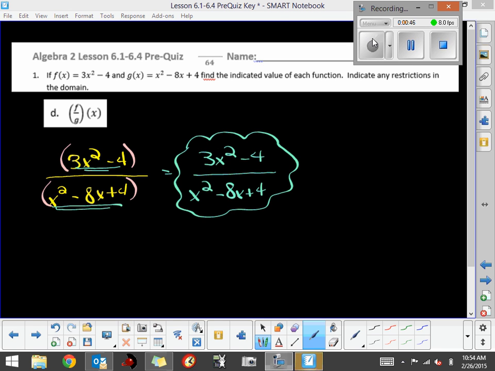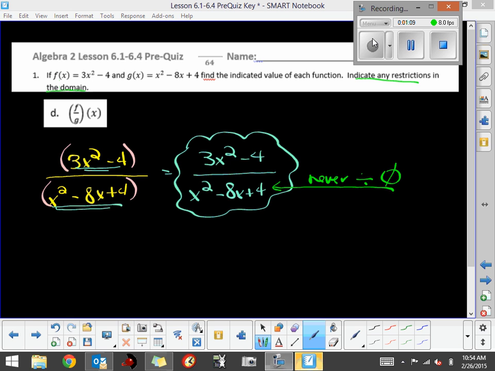The work in all division problems comes in when we have to indicate any restrictions on the domain. Now, I didn't worry about that in A, B, and C because they were adding, subtracting, and multiplying, and there really aren't any restrictions that we apply to those three operations. But what we do have to be careful of is whenever we divide, we want to make sure we never divide by 0.